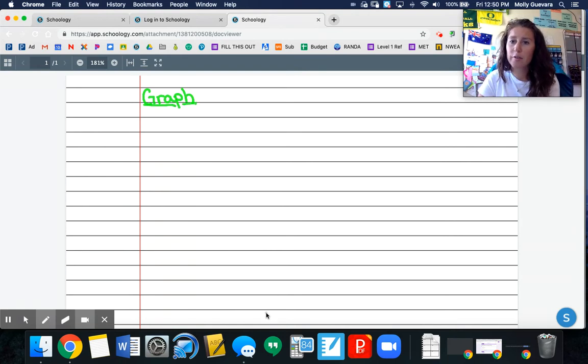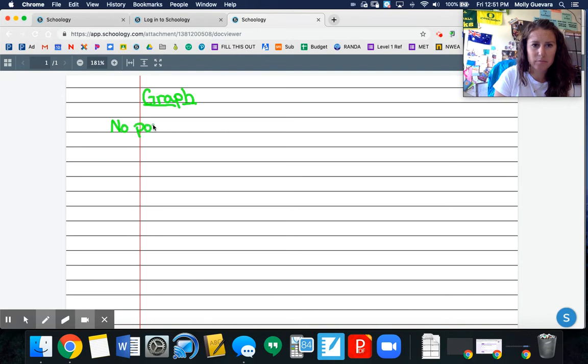How do I know if a graph is a function? Okay, so the characteristic basically is that there's no points exactly vertical of each other.